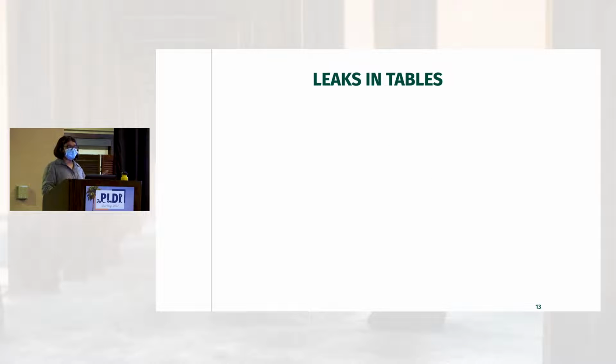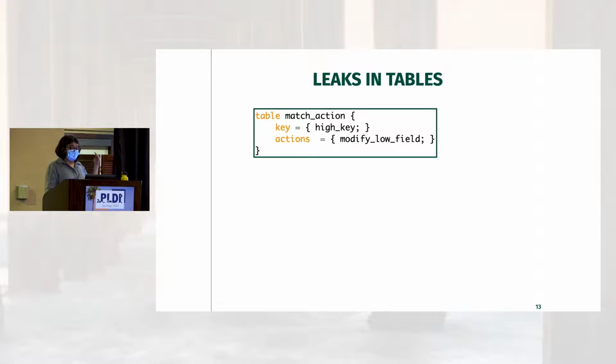The language features provided in P4 increase the sources of information leak, but since tables happen to be the most unusual language features, for the rest of this talk, we are going to focus on security vulnerabilities that involve tables. A table that matches on a high security key and then tries to invoke an action that would write to a low security variable is going to be a source of information leak.